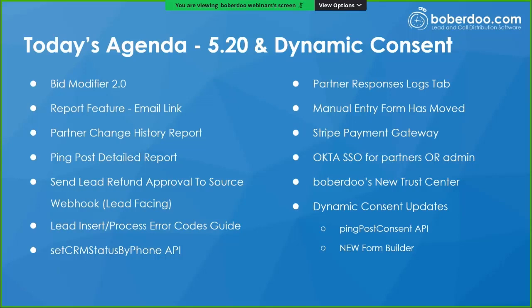So the next question we have is, with the outside services update, can we turn on services such as IP quality score to check for inbound calls on the DNC, such as web leads? So we have run outside services on inbound phone routing.